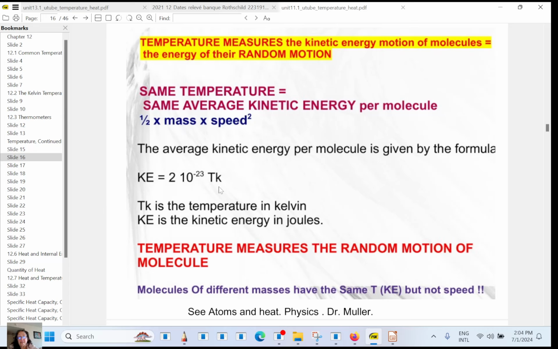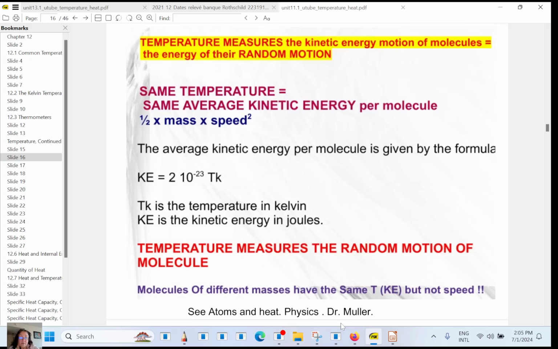So again, here, if you use temperature in Kelvin, you have a very simple relationship between the temperature of the material and the kinetic energy per molecule. See, it's a very simple relationship.